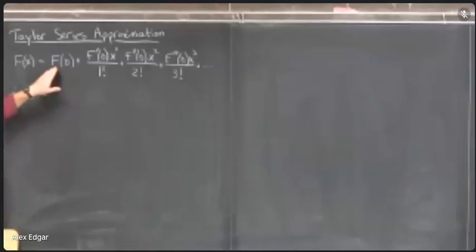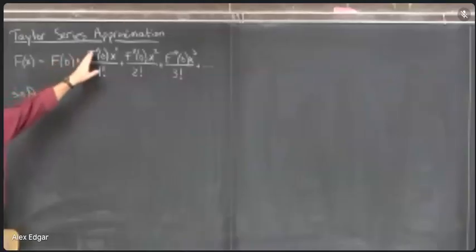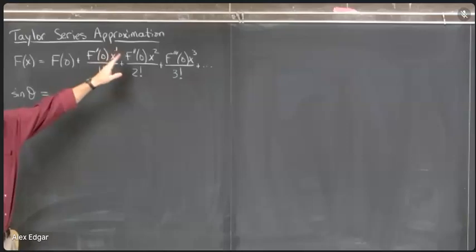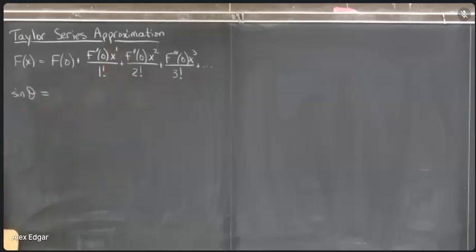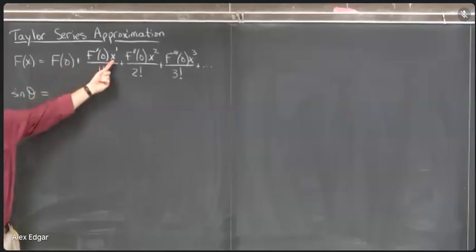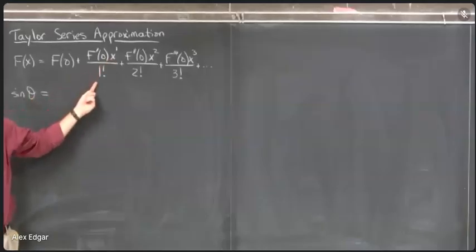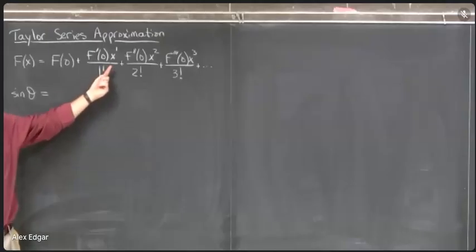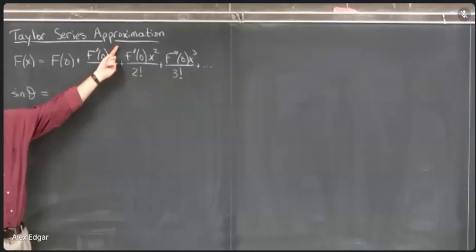So we're going to use sine of 0, and then the first derivative of 0, and then the second derivative of 0. And so those are just numbers. So the Taylor series turns this into the value of this function at 0 times our variable, in this case x is going to turn into theta, over which term is it, factorial. And our variable also has to be raised to the appropriate power.